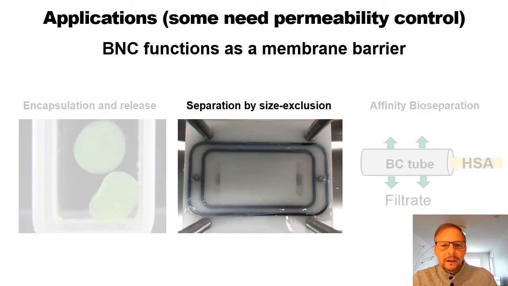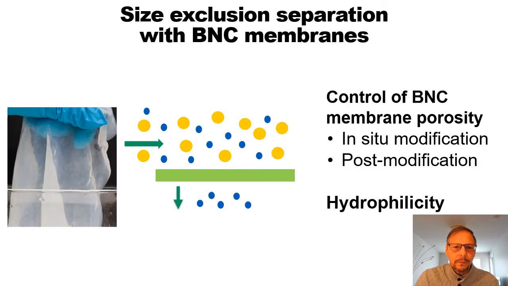Okay, let's very quickly look at another example of bacterial cellulose membranes that can be used for separation. In this example, we will refer to size exclusion separation, in other words, filtration. We have on the left the wet pellicle of bacterial cellulose that can be used as a film for filtration. That's what you see in the center.